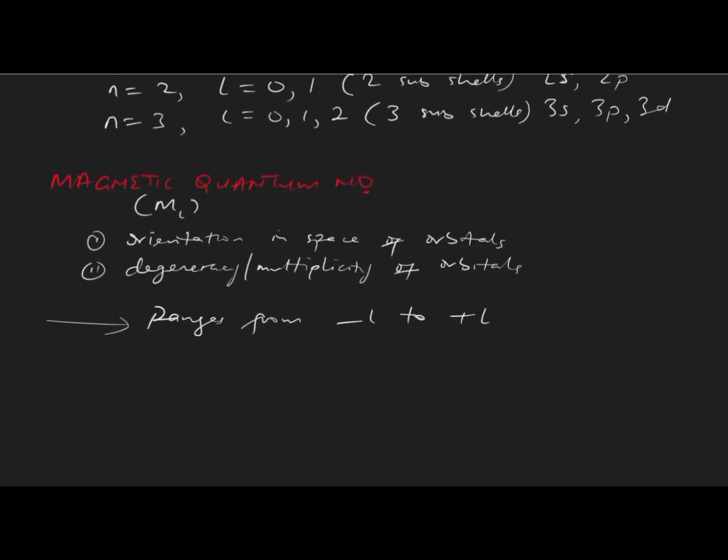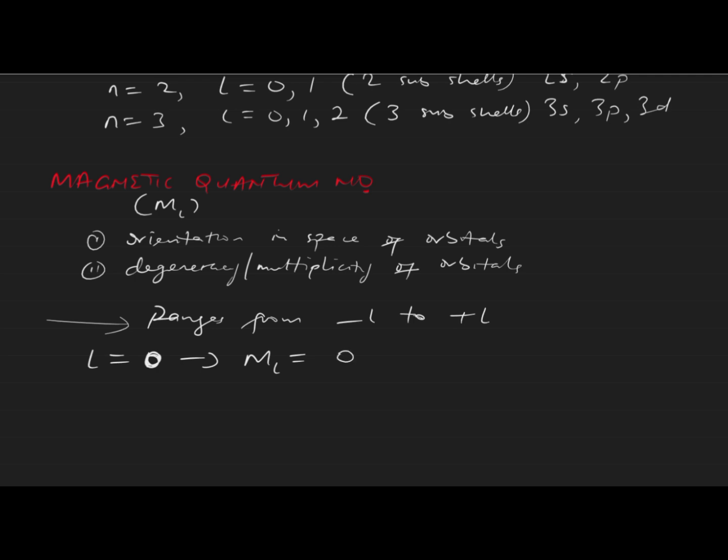So take for example, let's start from 0. When l is equal to 0, which is the azimuthal quantum number denoted by s, if you remember, then m subscript l is equal to what? 0, right?